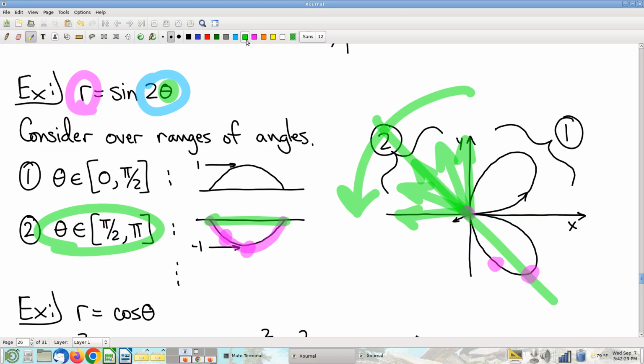And then for the next direction, oh, that was terrible. Let me try that again. Yeah, that's pretty good. Next direction, r is less negative. And then finally, for the last direction, r is back to 0. So it does something along like this. Everybody see that? Okay.